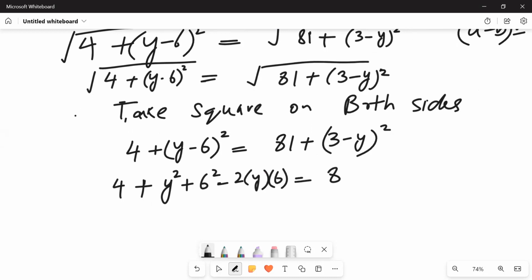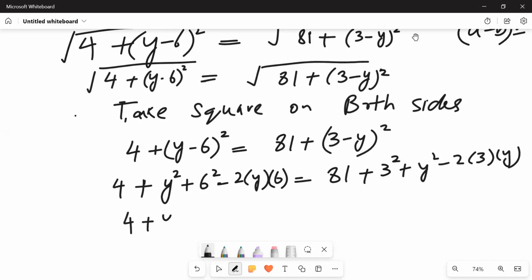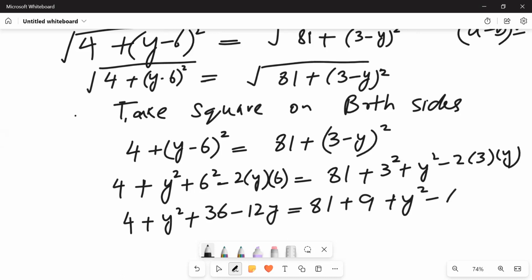And 81 plus 3 square plus y square minus 2 times 3 times y. This will be y square plus 36 minus 6 twos are 12y, and this one will be 81 plus 9 plus y square minus 6y.